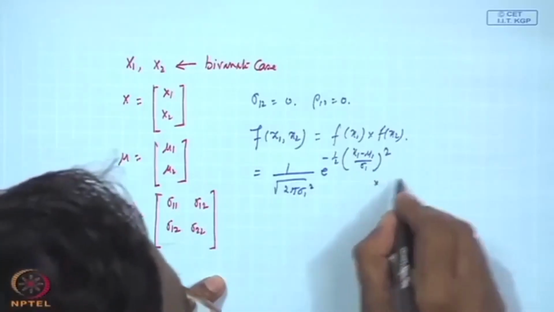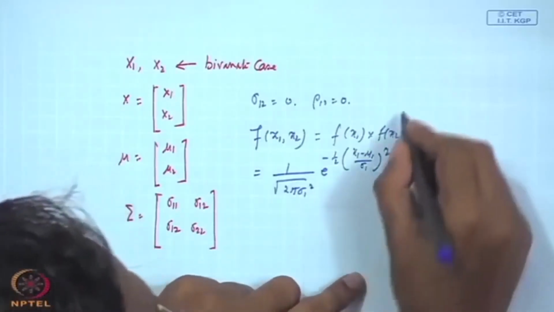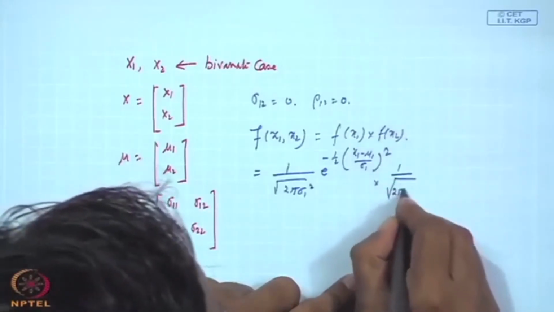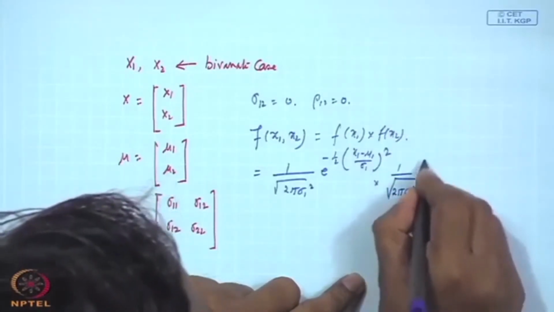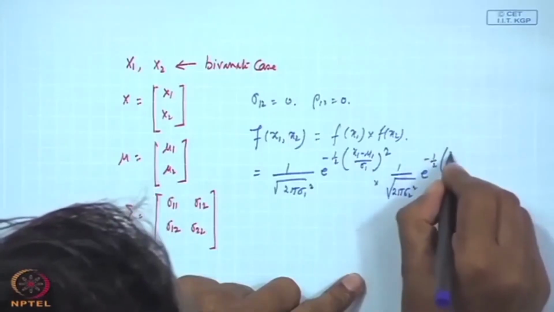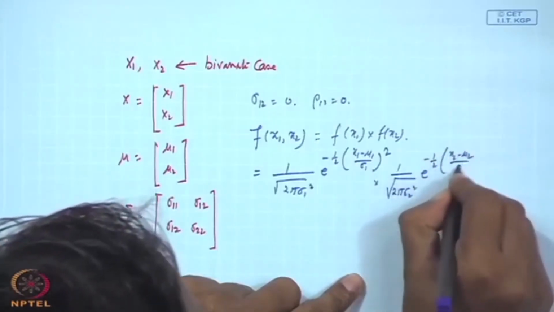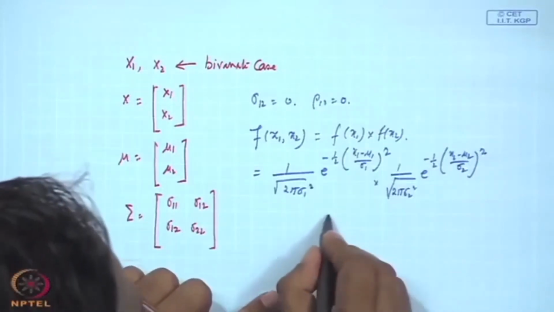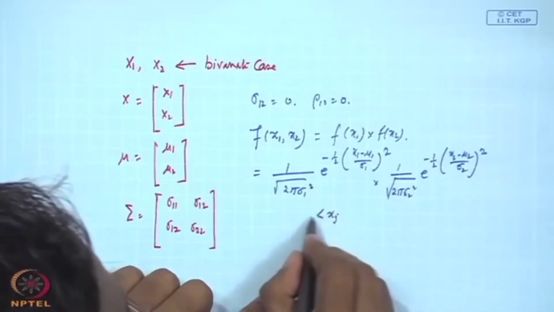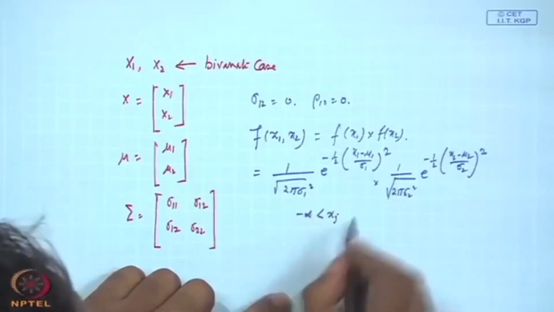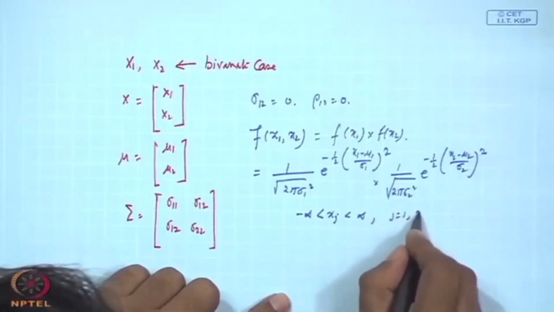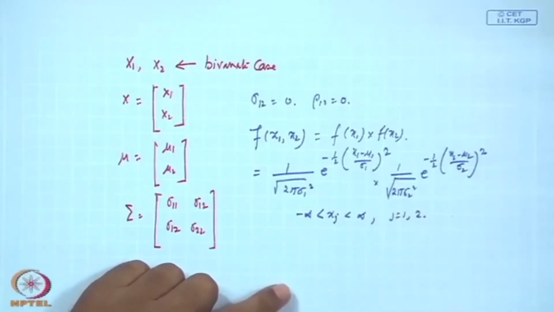Then similarly, for f of x2 also, that is the second variable, you can write 1 by root over 2 pi sigma 2 square, e to the power minus half of x2 minus mu 2 by sigma 2, whole square. We can write this, and definitely here x j lies between minus infinity and plus infinity, j equal to 1, 2, two variables you have taken.